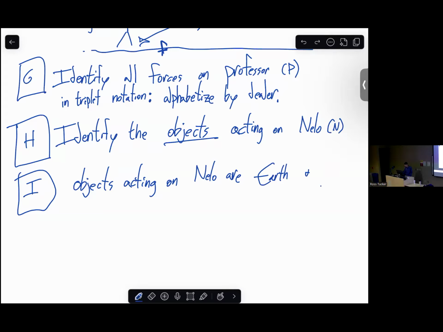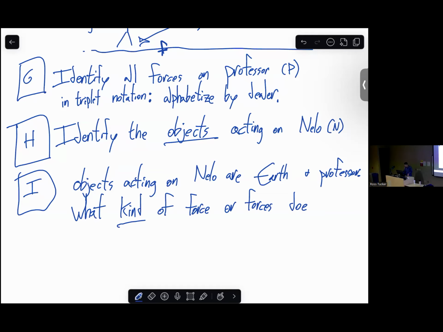That is not a proper noun. What kind of force or forces does each object exert?